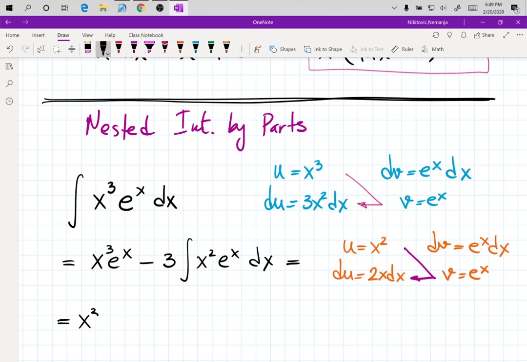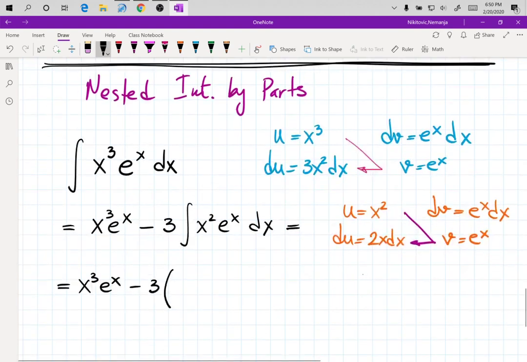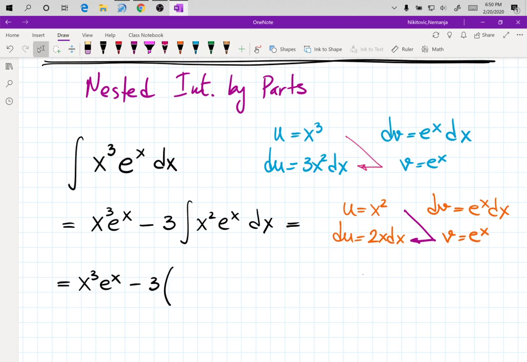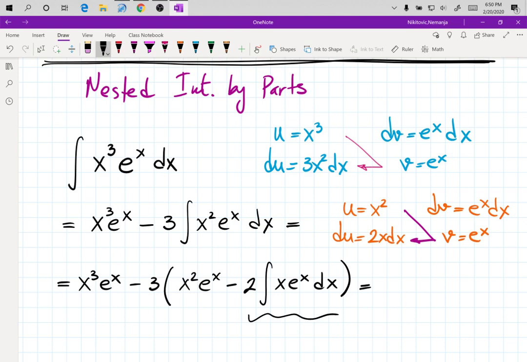Copy x cubed e to the x minus 3. Now you open parenthesis, and now you do the integration by parts formula, which is x squared e to the x minus 2 integral of x e to the x dx, close parenthesis, equals.